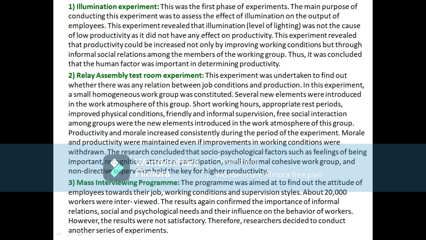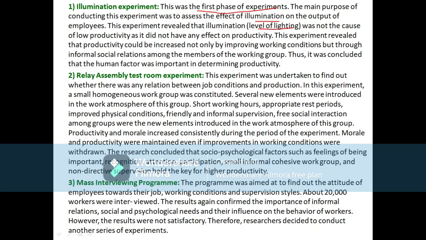If we see the illumination experiment, this was the first phase of experiment. Firstly they studied only light, the relationship between light and productivity. Illumination is nothing but the level of lighting. The question in the illumination experiment was how this light affects the output of employees.